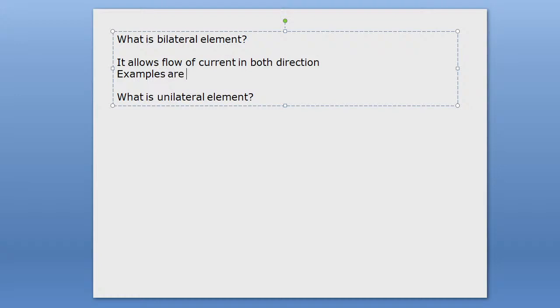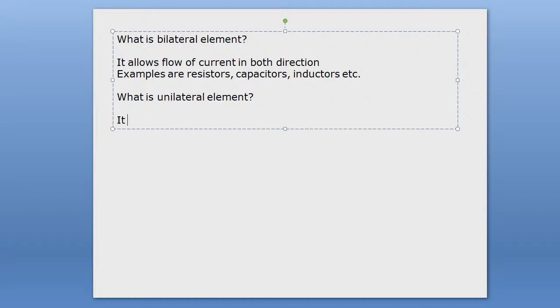Examples are resistors, capacitors, inductors, etc. On the other hand, a unilateral element allows flow of current only in a single direction.